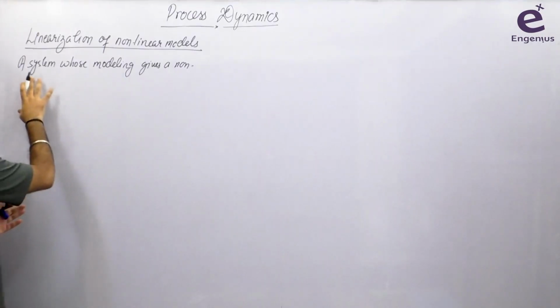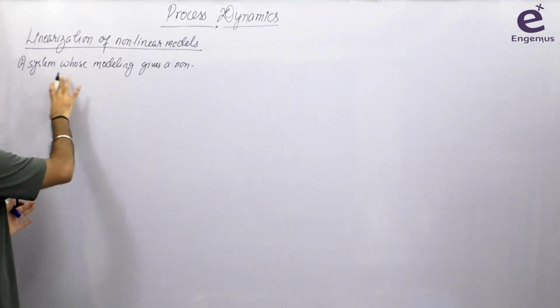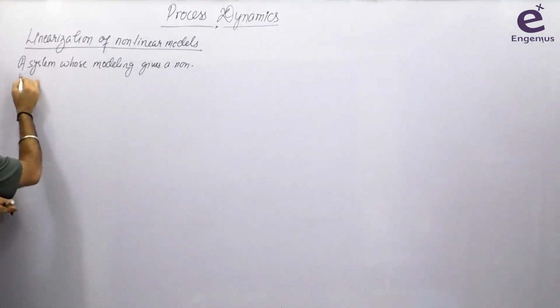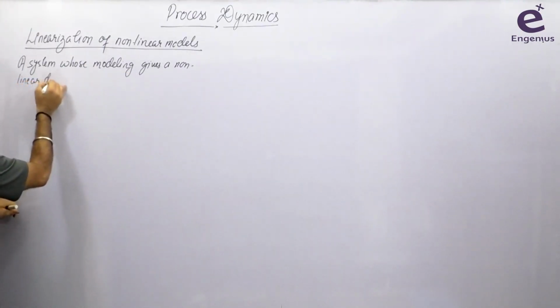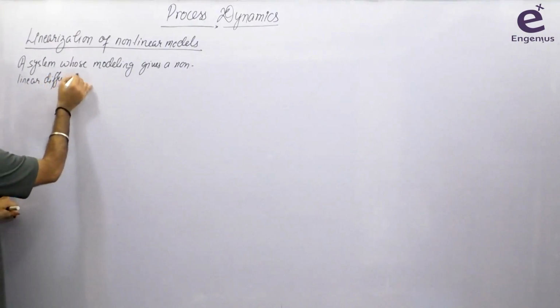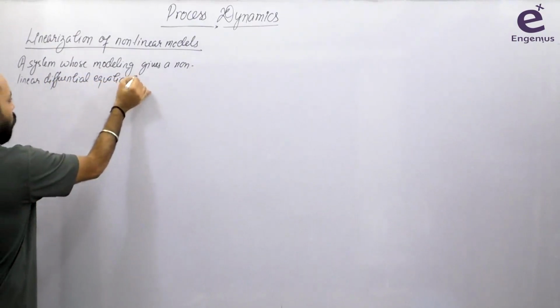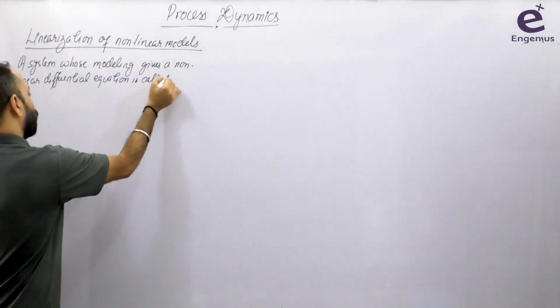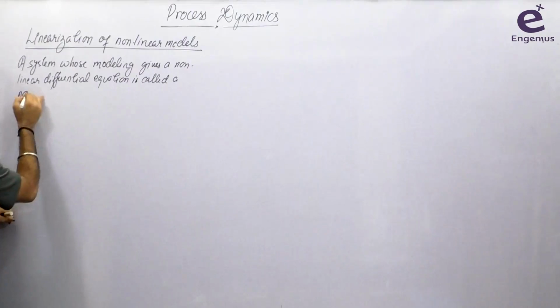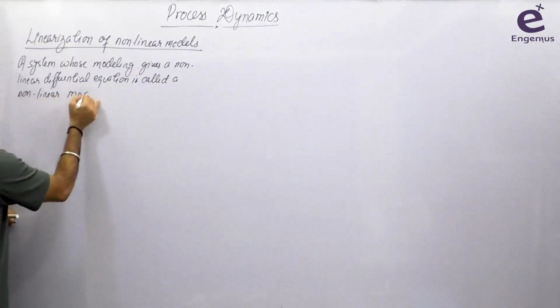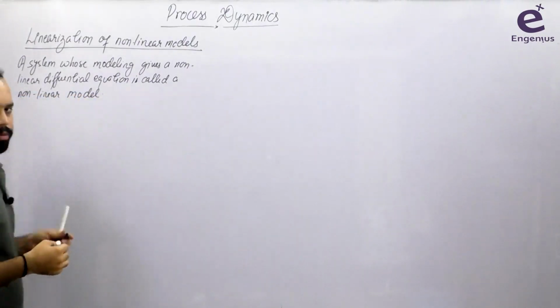So a system whose modeling gives a non-linear differential equation is called a non-linear model. Because I'm talking about first order system only.